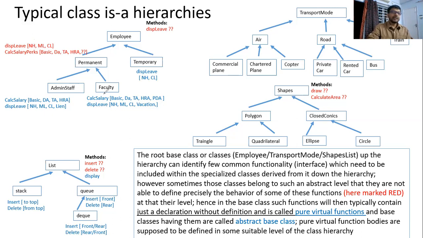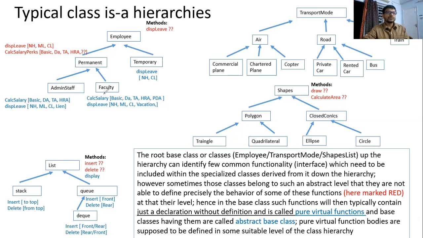So what I mean to say is, when you are modeling classes, or defining a hierarchy among the classes, it might happen that in the top order classes, the root base class or the intermediate base classes, there are some functions for which you don't have adequate knowledge at that level to define them.